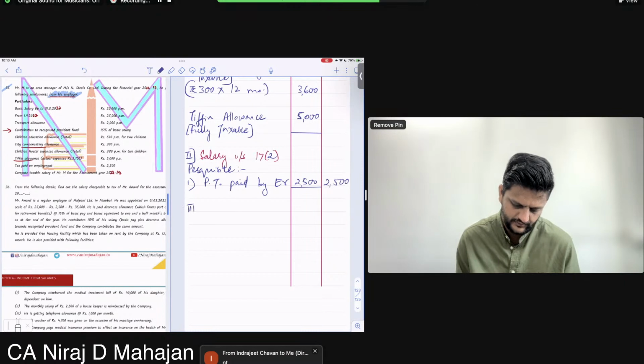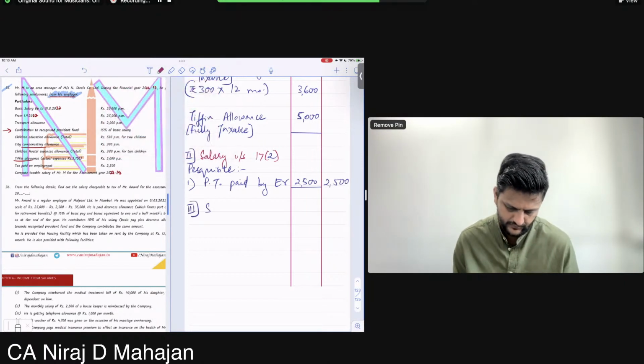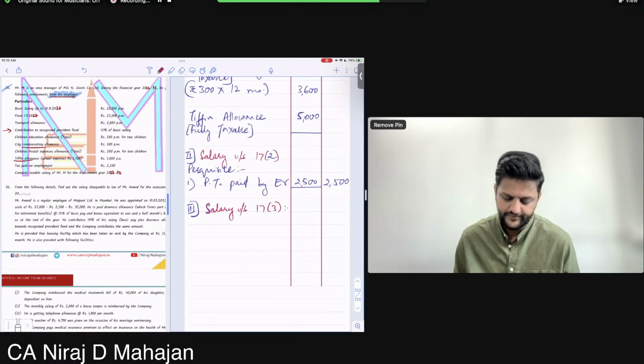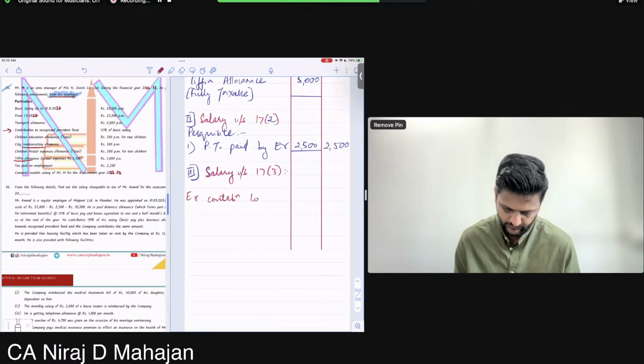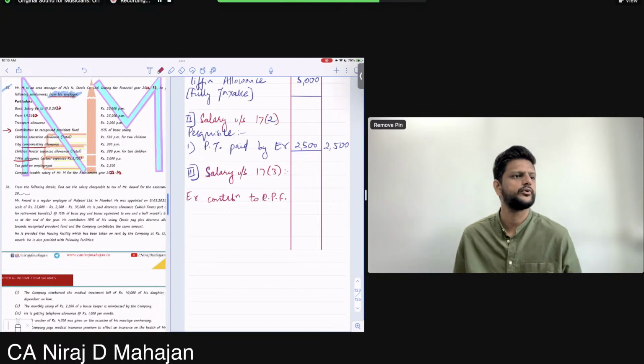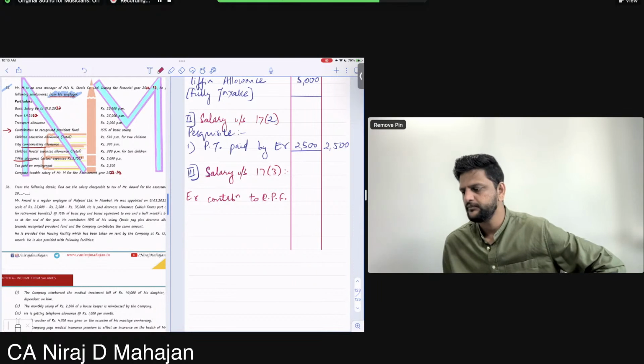And third, 17.3. Employer contribution to recognized provident fund.